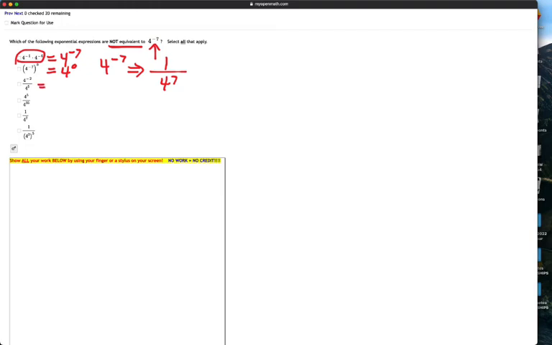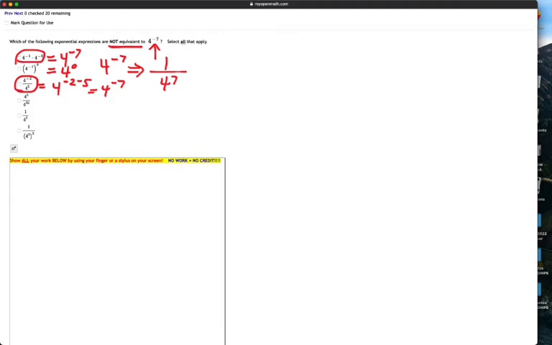In the third one, we subtract exponents when we are dividing expressions with the same base. So top exponent minus the bottom exponent, and negative 2 minus 5 is negative 7, so it looks like this one is equivalent.